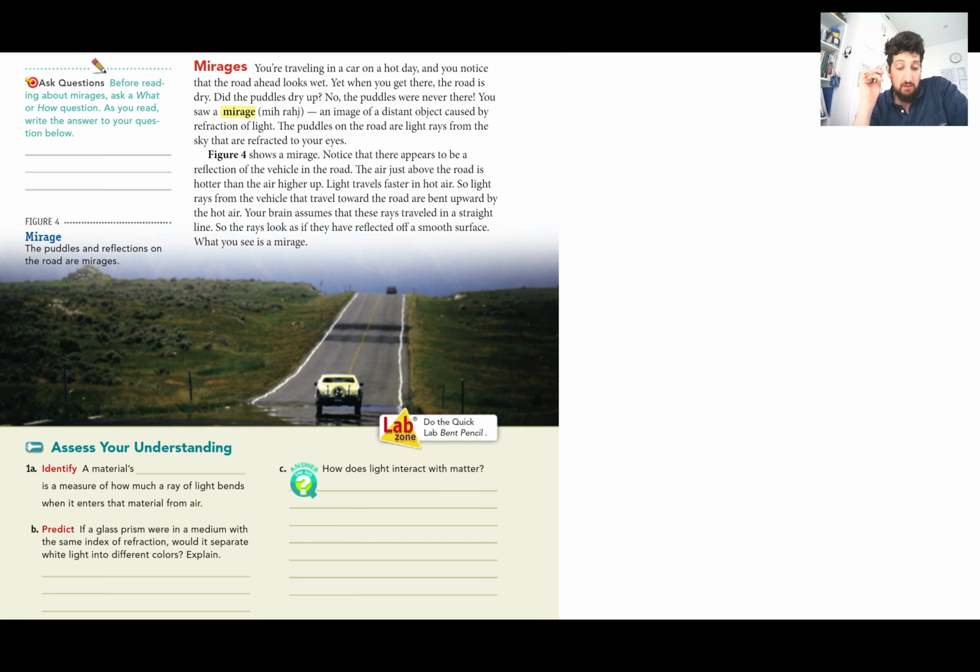The air just above the road is hotter than the air higher up, and light travels faster in hot air. Very interesting. I want you to highlight or underline this word. So light rays from the vehicle that travel downwards towards the road are bent upwards by the hot air. Your brain assumes that these rays traveled in a straight line, so the rays look as if they have reflected off a smooth surface. I'll explain what this means in a minute.